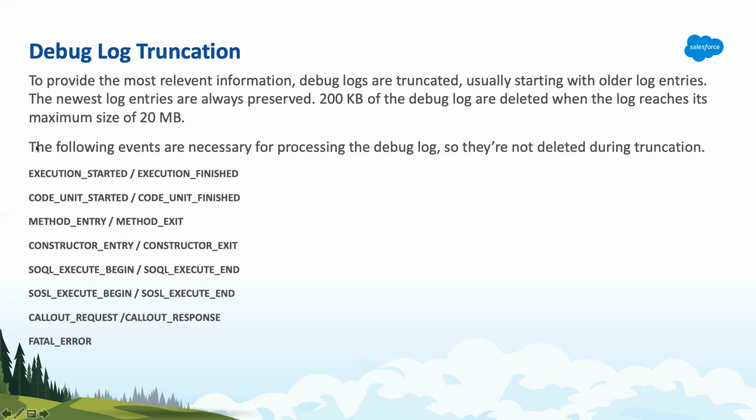But the following events are necessary to process the debug, so they won't be deleted during the truncation: execution start and finish, code unit started and finished, method entries, constructor entries and exits, SOQL query execution, callouts, request and response, and fatal errors.